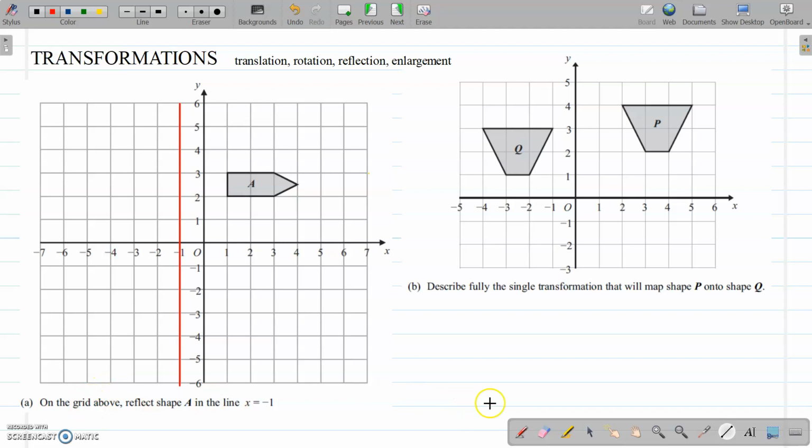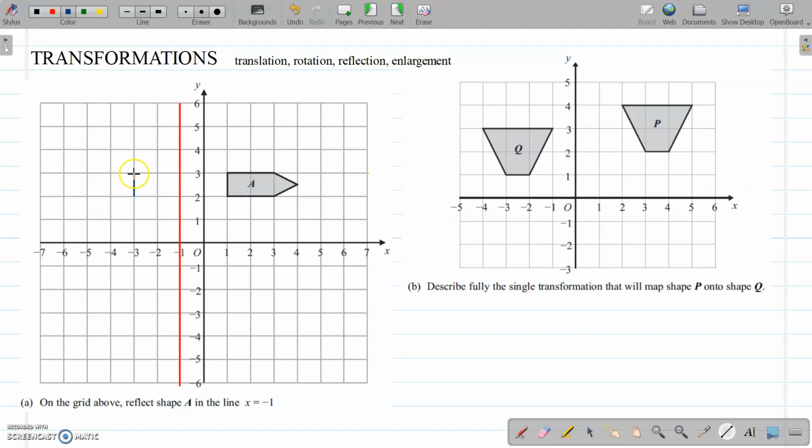Now the new shape is going to be the same distance away from that reflection line, but on the other side. So I'm looking at that and I'm noticing it's 2 squares away. So I go 2 squares the other side and I do a vertical line down there, and that becomes one side of the shape reflected.